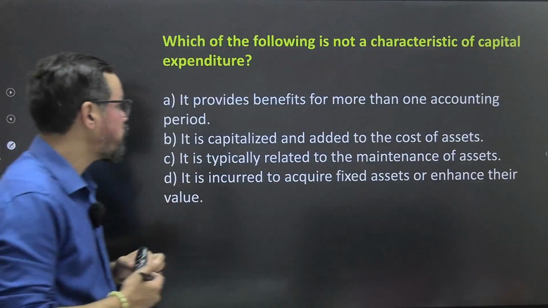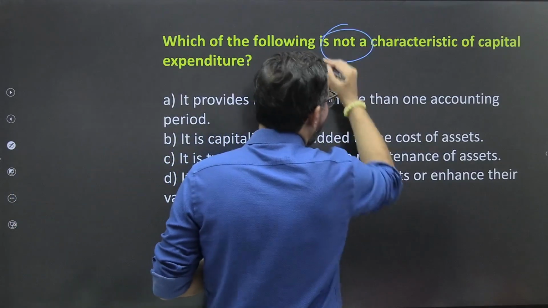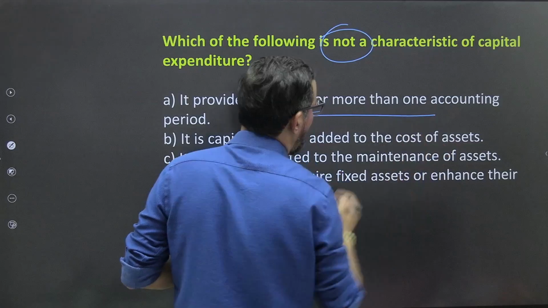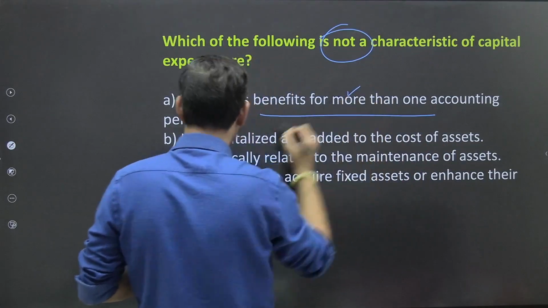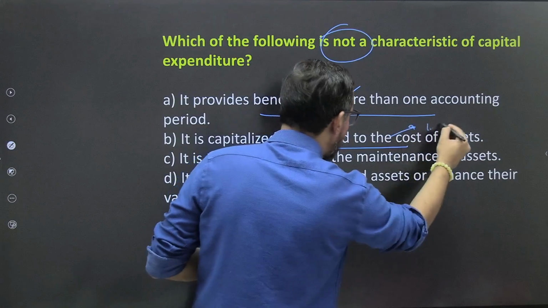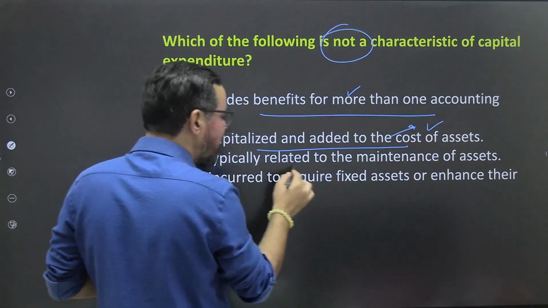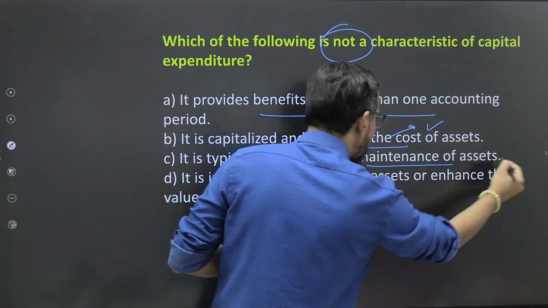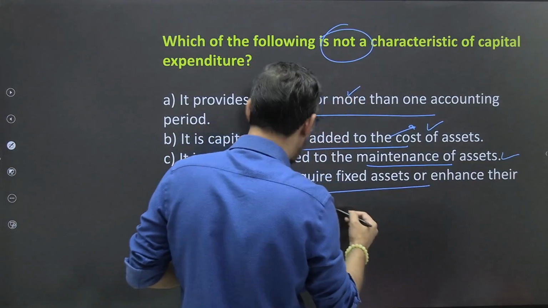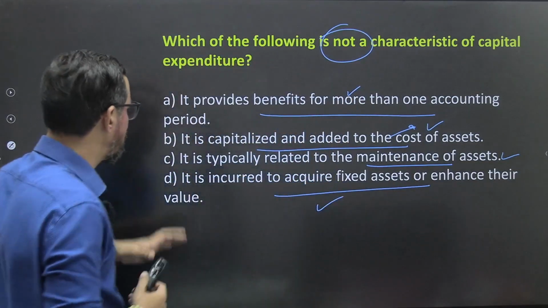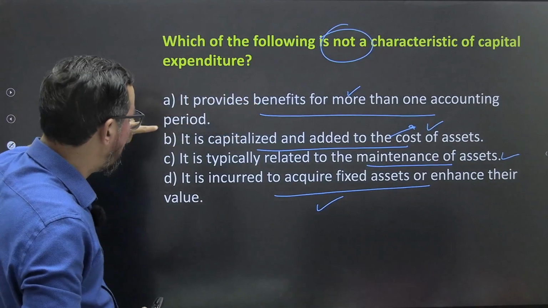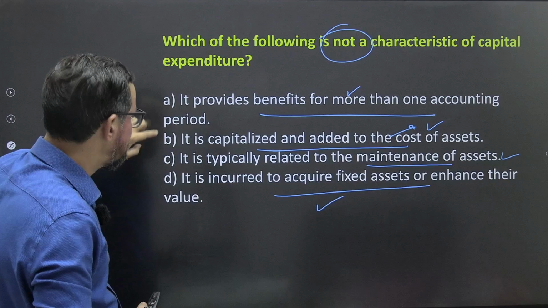Next one: which of the following is not a characteristic of capital expenditure? It provides benefit for more than one year. This is true. It is capitalized and added to the cost of the asset. True. It is typically related to the maintenance of the asset. It can be. It is incurred to acquire a fixed asset or enhance its value. This is also true. We have to go through all. Option A, it provides benefit for more than one accounting period, is 100% true.